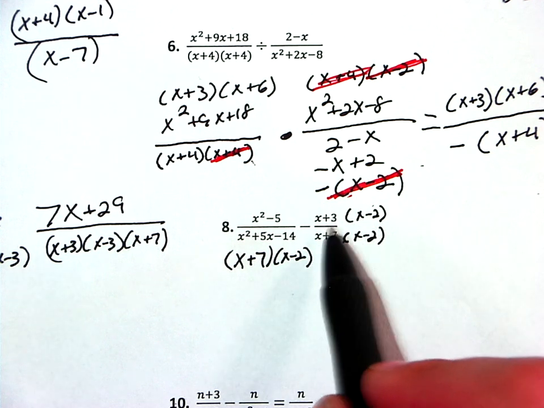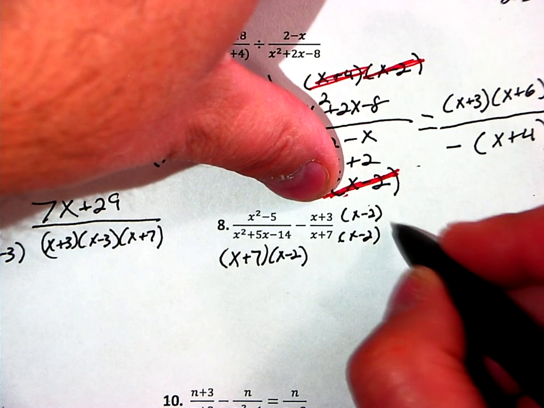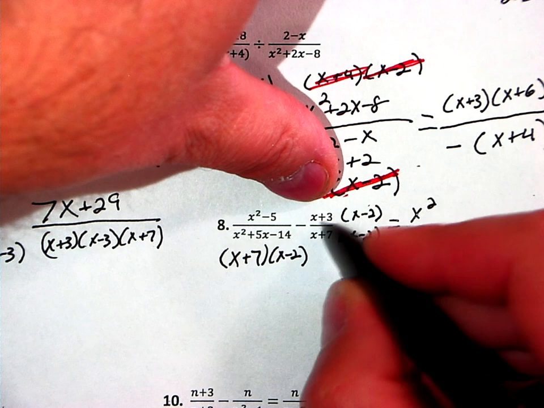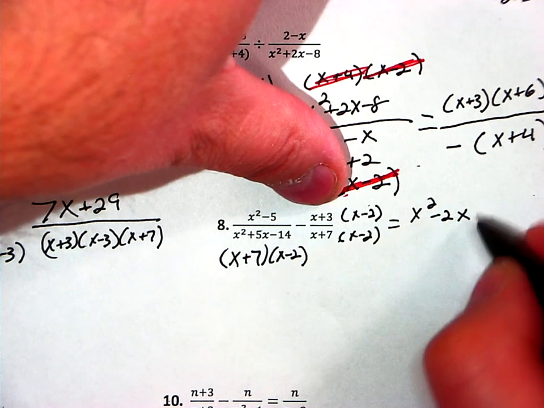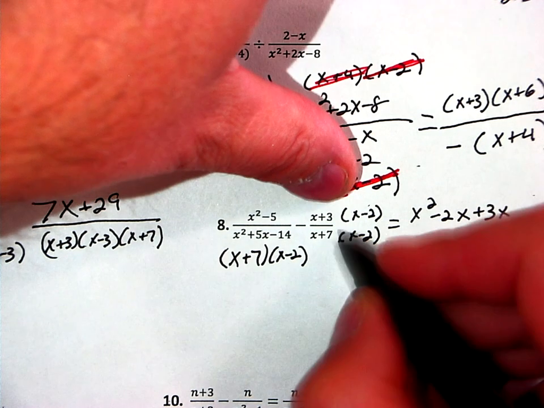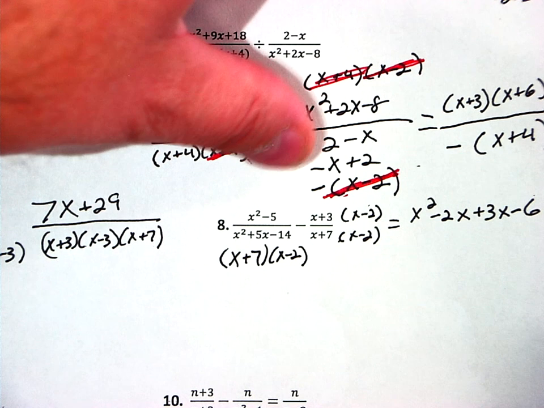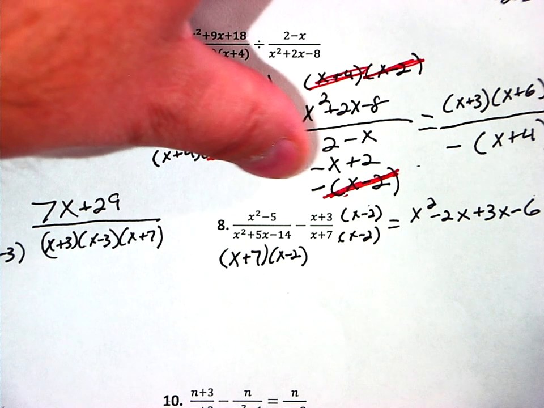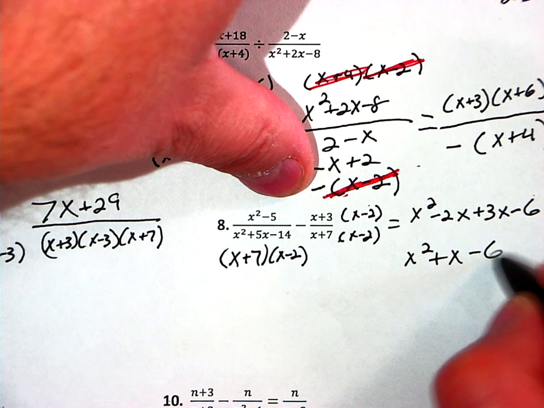Yes, FOIL them. So now that's going to give us x times x is x squared, negative 2 times x is negative 2x, 3 times x is 3x, and 3 times negative 2 is negative 6. Will that simplify? Yes, it will. X squared plus x minus 6.